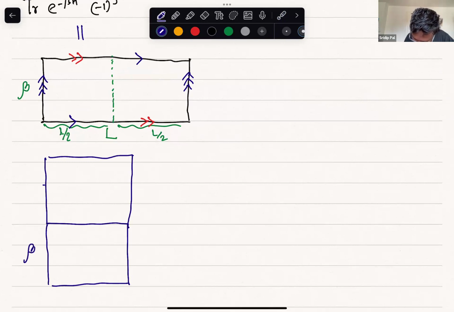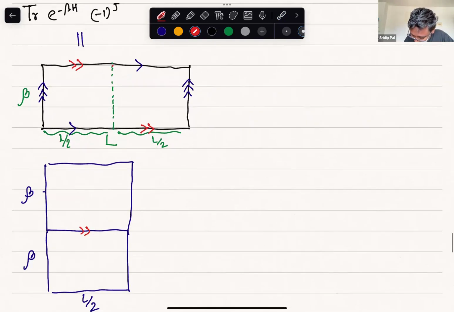So now I have beta here, L over 2 here. The red things are identified. Now this green dotted line becomes this green line here, and this is also the green line. So this thing is identified with this, and this part is identified with this part, and this line is identified with this line.